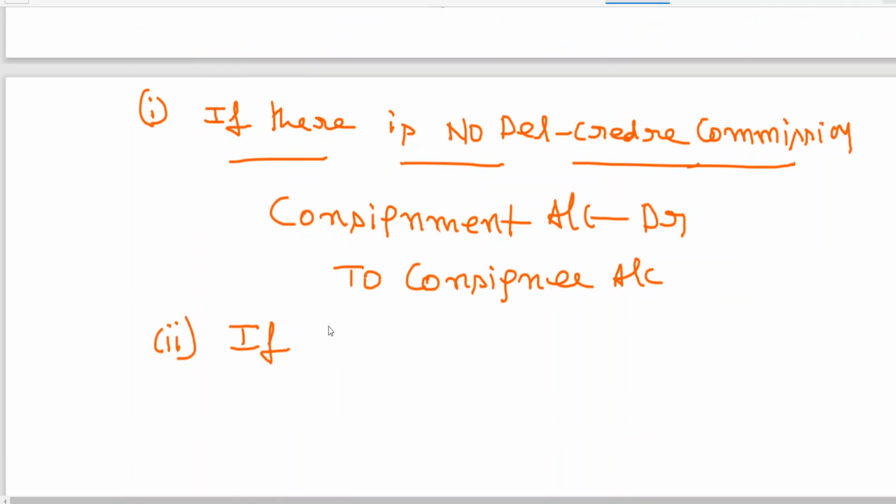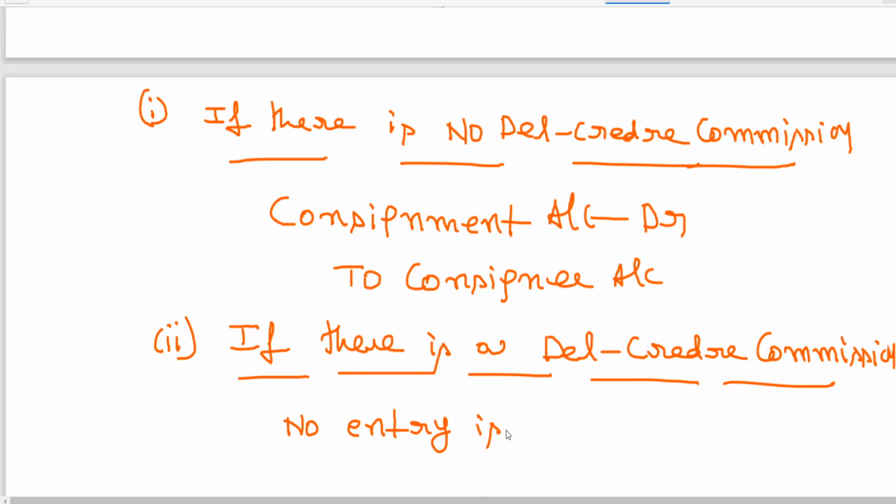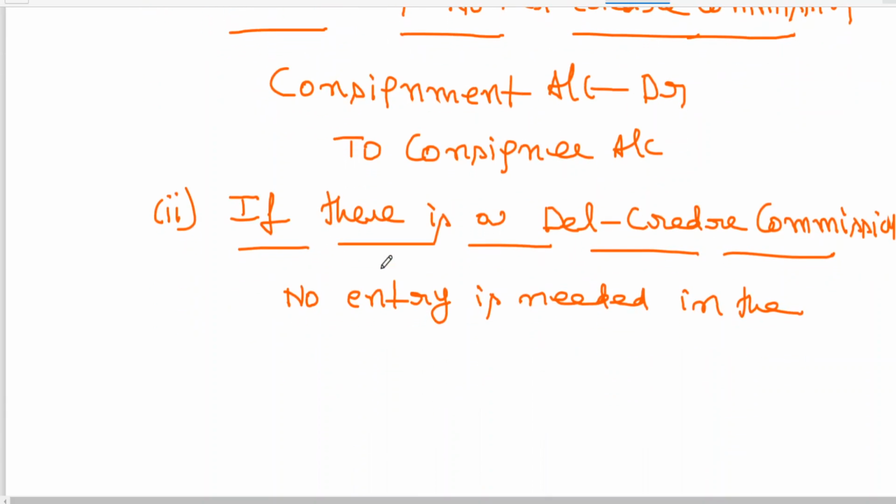Point number 2. If there is a del credere commission, no entry is needed in the books of consignor.